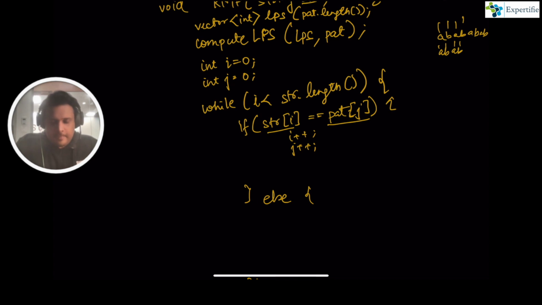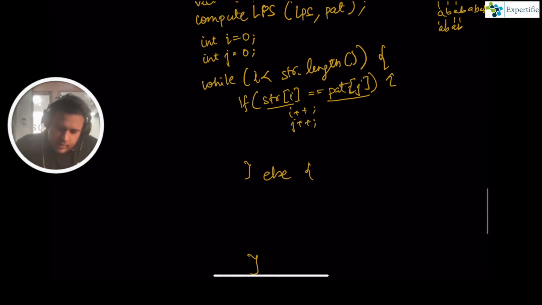So then our answer is very simple. We say that if j is not equal to 0, j is equal to LPS of j minus 1.